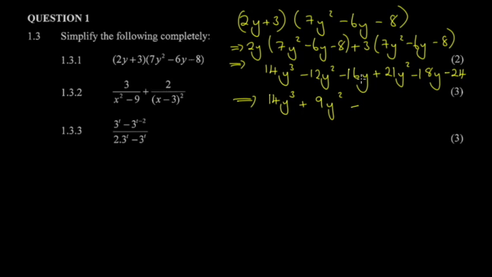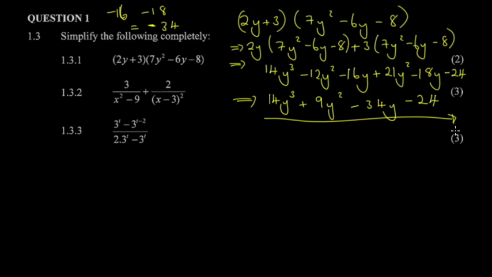If you're doing negative 16 minus 18, it simply means you keep the negative sign and then you add. So 16 plus 18, it's 34. So it's negative 34y. Then you have negative 24 as it stands on its own. Done.